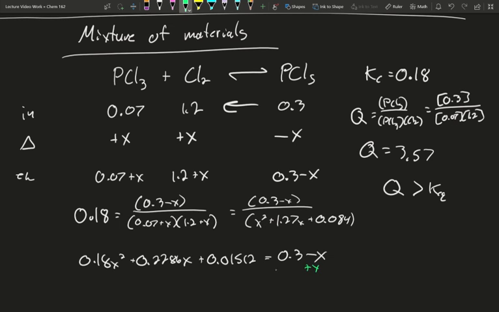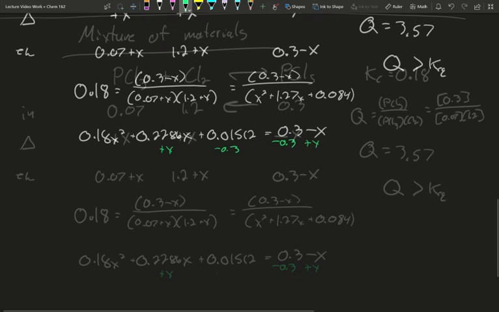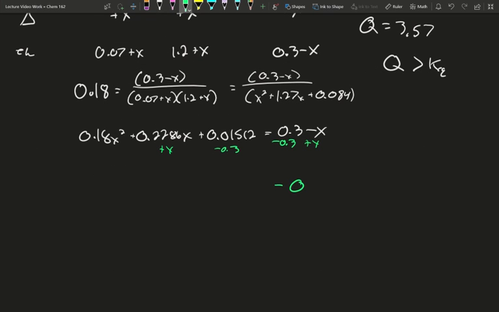I'll need to add x, and I'll need to subtract 0.3 from both sides. We'll find that 0 is equal to 0.18x squared plus 1.2286x minus 0.28488.